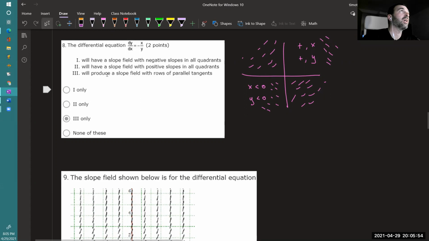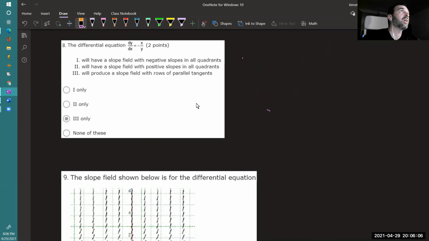And here it says, will it produce a slope field with rows of parallel tangents? So rows of parallel tangents look, let me erase this, rows of parallel tangents look like this, okay? So it's like that, meaning it doesn't matter what the x value is, this will always have the same slope for this y coordinate.